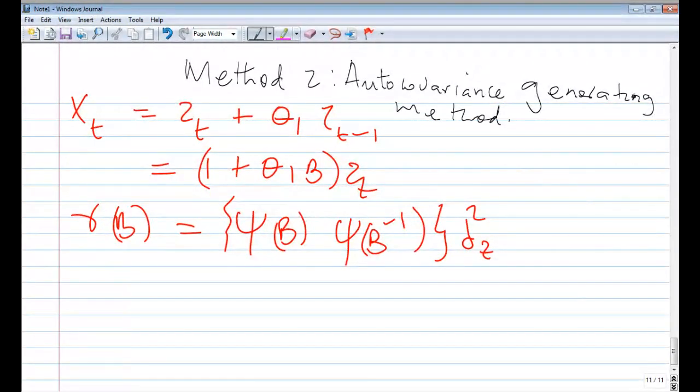If you use the previous one, you get 0. You didn't get the instruction. So it's very important to know this method as well, because I might say calculate the autocovariances using autocovariance generating method. So you have to know all of them. Yeah, it's a must.